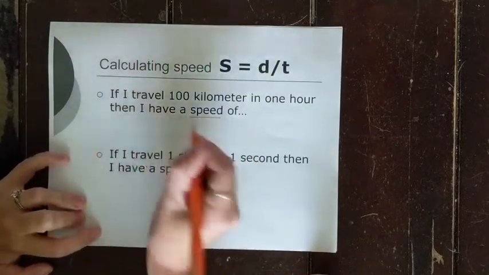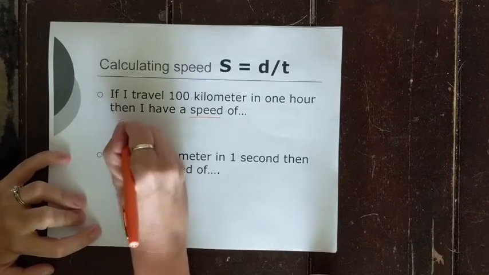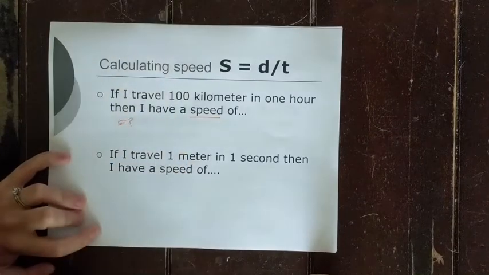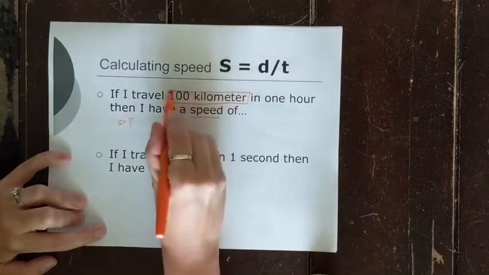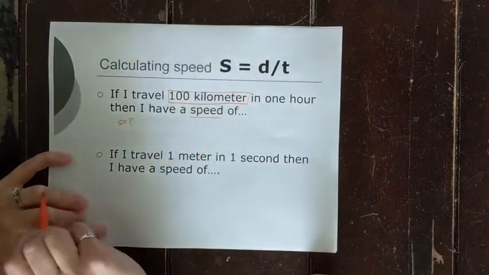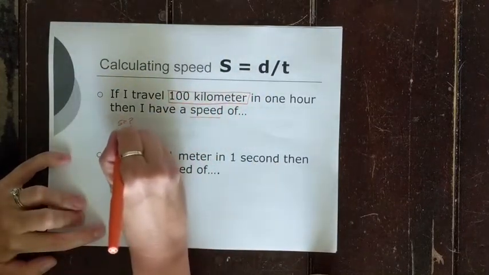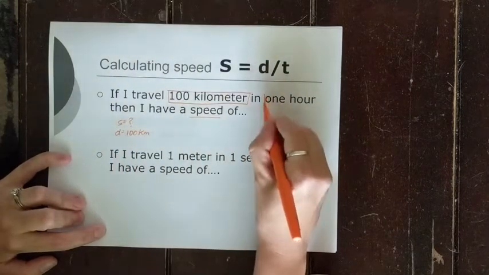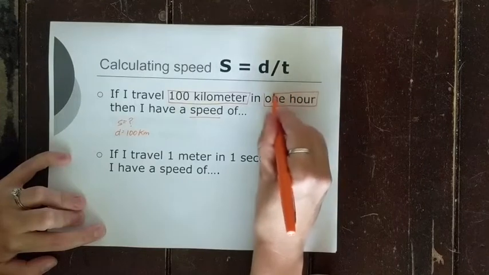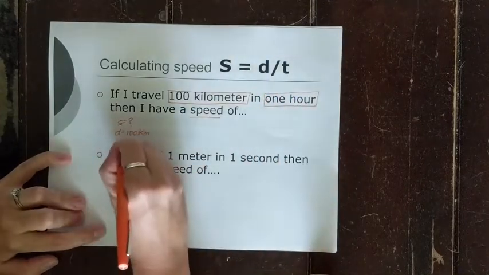So I like to take note of everything I have, okay? Speed, we don't know. I have this number, 100 kilometers. I know kilometers is a unit of distance, so that's my distance. And I have 1 hour, and I know that hour is a unit of time, so that's my time.